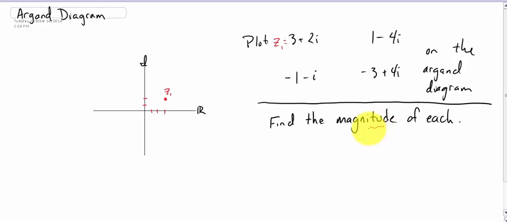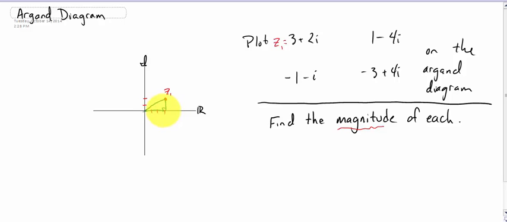The magnitude of each complex number would be the number's distance from 0 on the number line. Just like the magnitude or the absolute value, the modulus of a number is the number's distance on the number line. Now it's the distance from 0 in the complex plane in this Argand diagram. So what we're talking about is that distance. And, well, we actually have a little right triangle here, don't we?